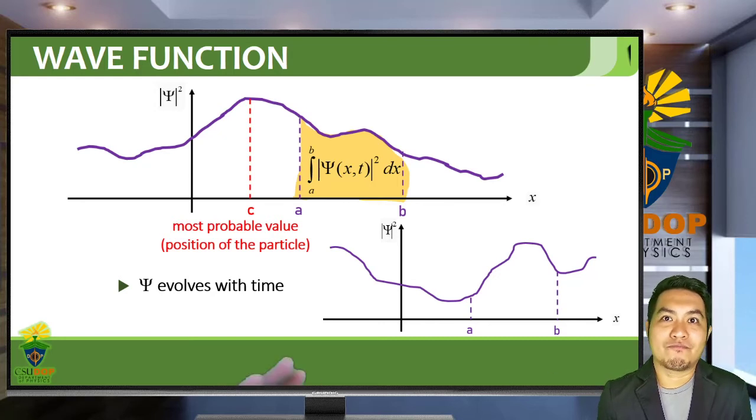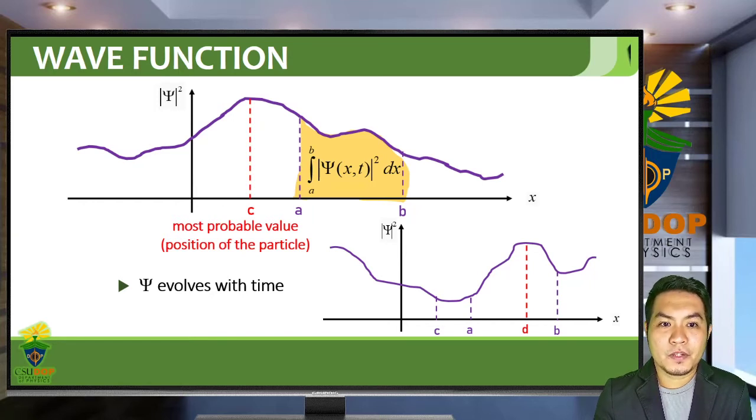Depending on what time it is, the probability is different from a previous time. But there are also special cases wherein the probability is time independent, and that is what we will focus on this chapter. If you'll also notice here, the point C is no longer the most probable value. In fact, it's now point D.